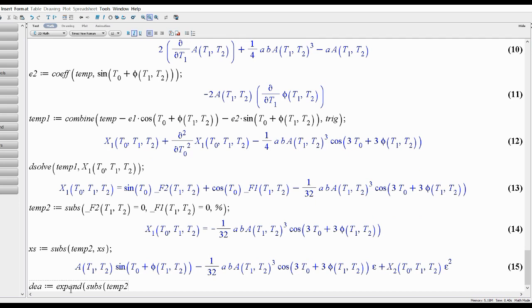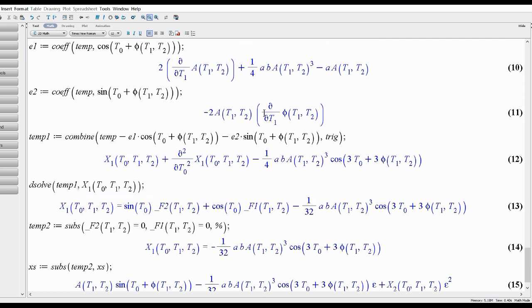So I'll say here dEA is equal to expand substitute temp2 in dEA, and let me suppress display, and I'll say dEA is equal to expand substitute, and this phase here, because the derivative of phi with respect to t1 is 0, that means phi is a function of t2 only.